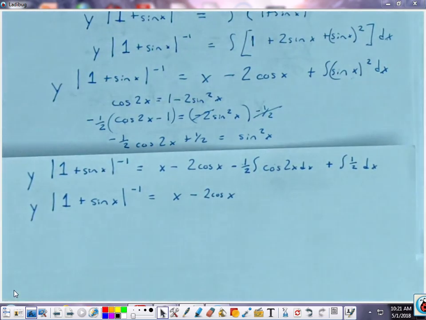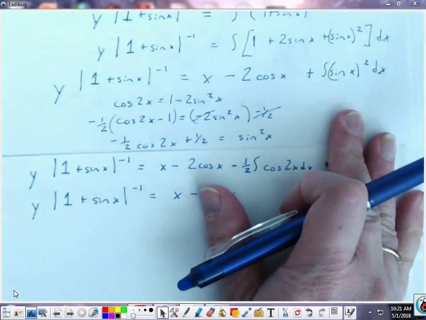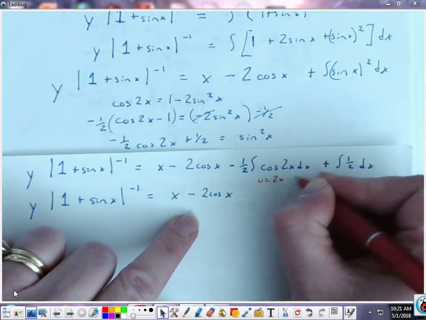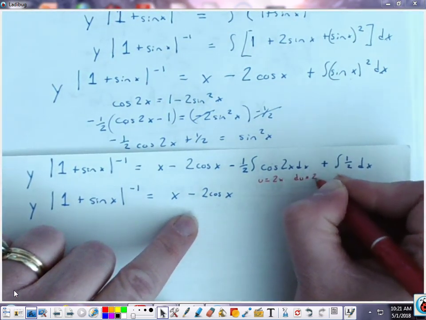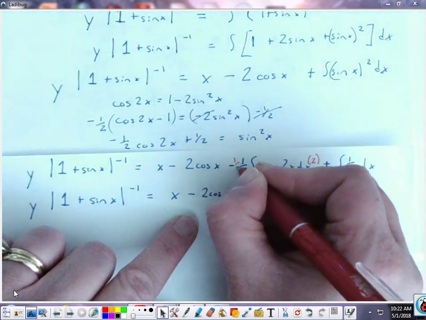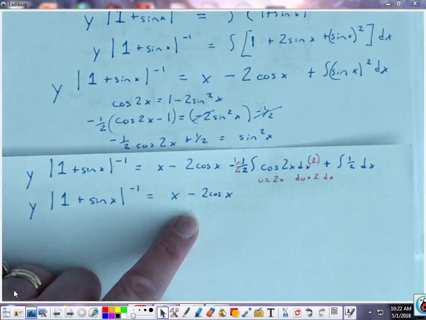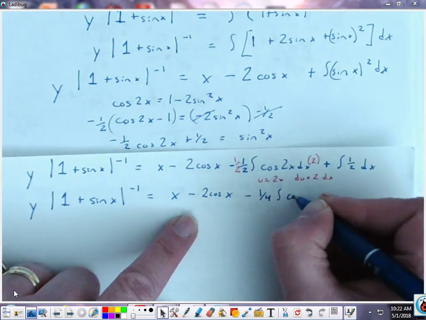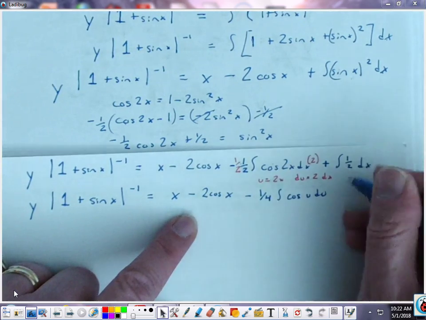Okay, so talk to me about the cosine 2x. I like it. So, I don't know if pink shows up very well. Let's go red. So u would be 2x, du, and I need it. So this would become minus 1/4 integral of cosine u du.